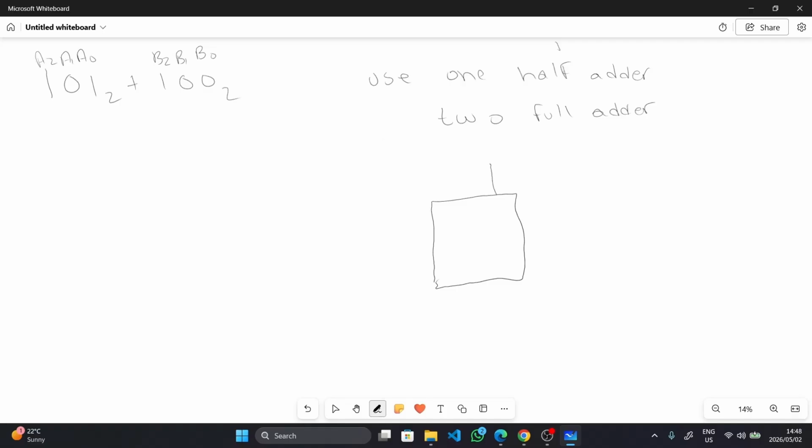So you will have your B0, A0. Then you will just have your sum 0 and then your carry out. Then here you will have two full adders that have a carry in, right?